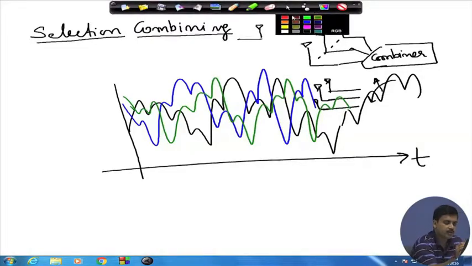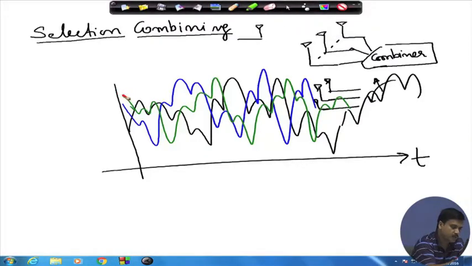Selection combining is precisely what we discussed in the motivation for this kind of work: it selects the best. That means at the output of the combiner, the result would be the highest signal strength. We are going to select the branch which has the highest signal strength.